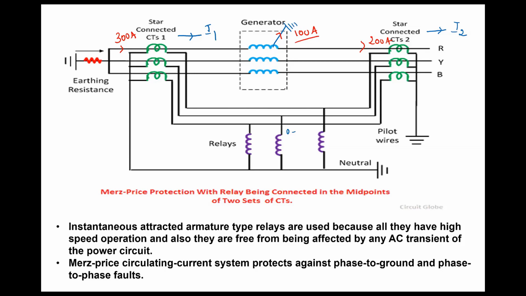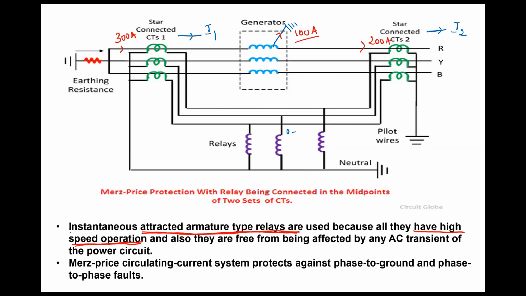Okay, the next point: which type of relays are used to implement this current differential scheme? Attracted armature type relays are used because of their high speed operation.